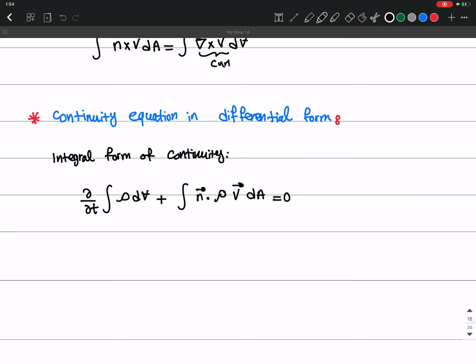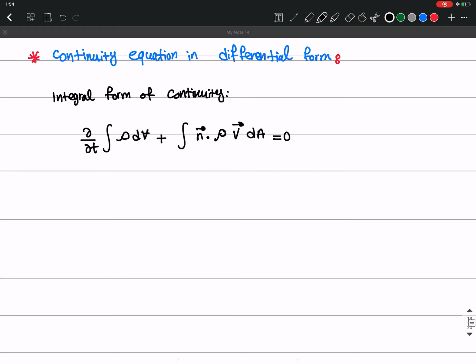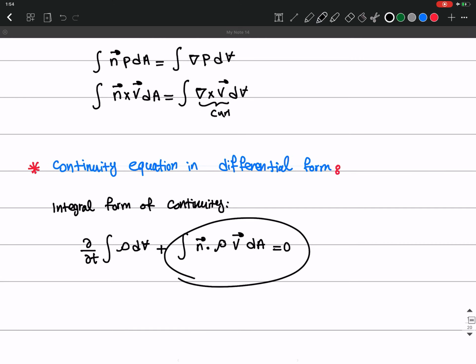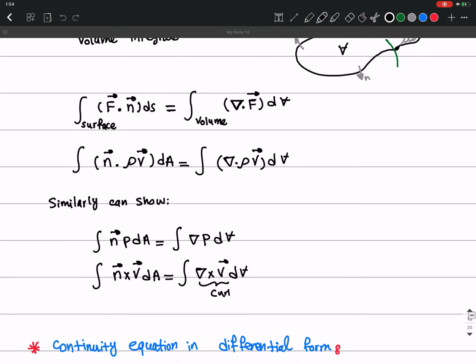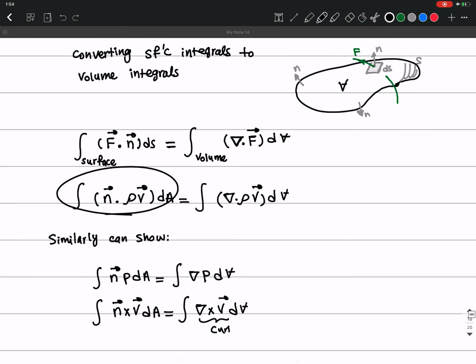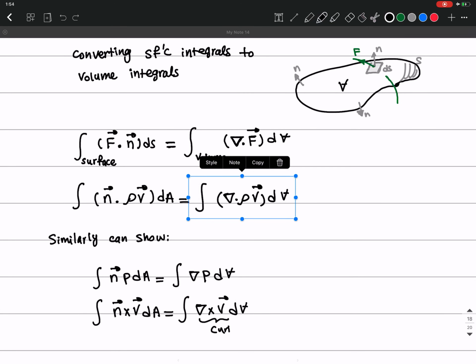And then I am going to use the divergence theorem. So for this term, we had it here, so I'm just going to write this one.